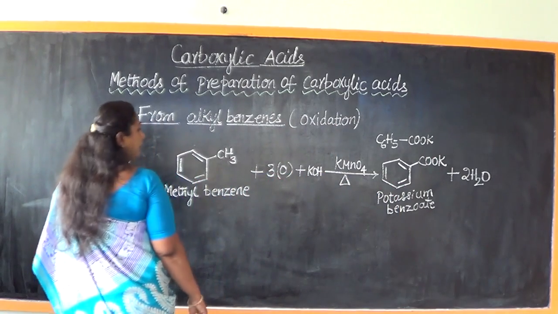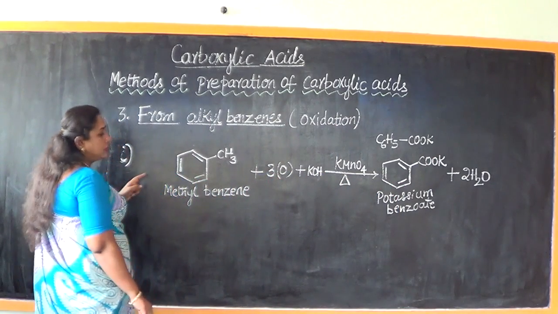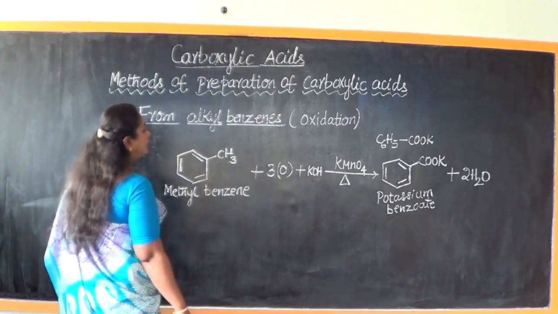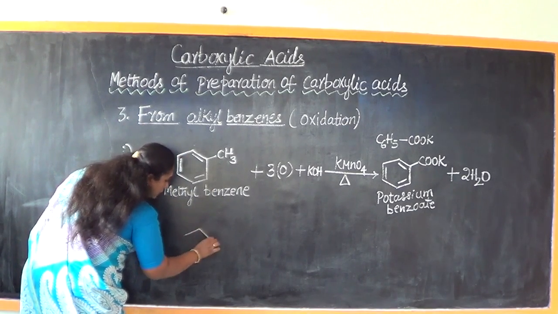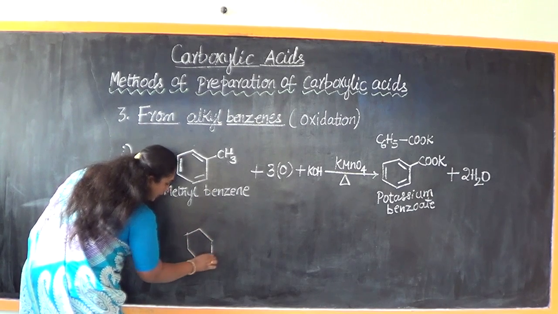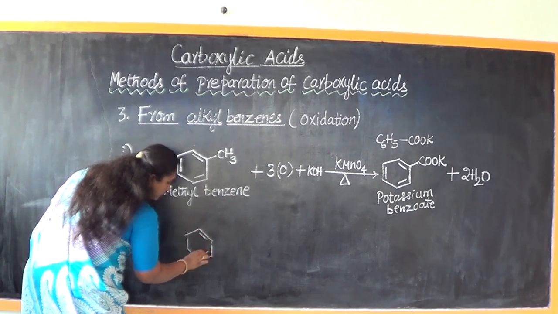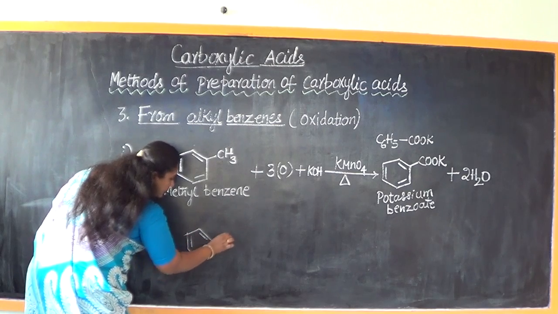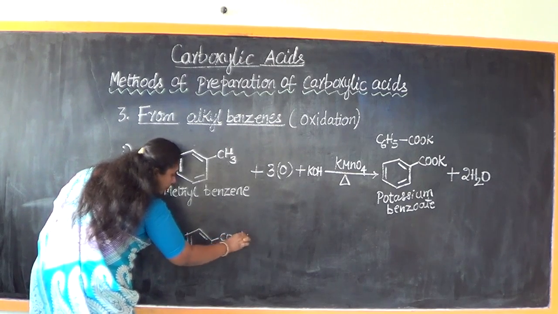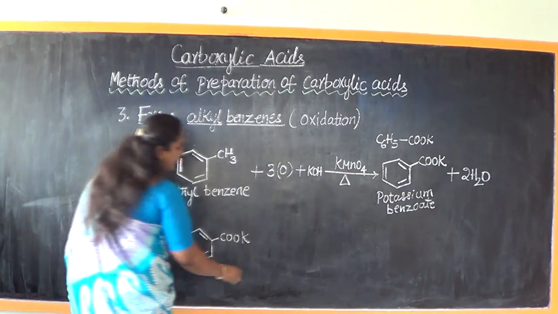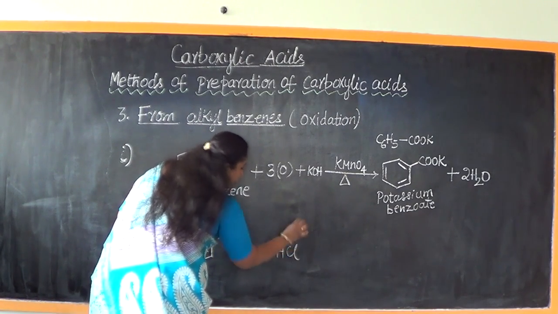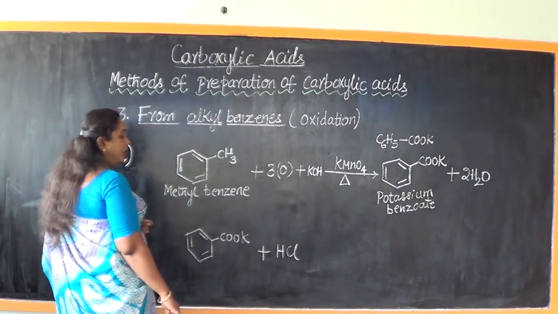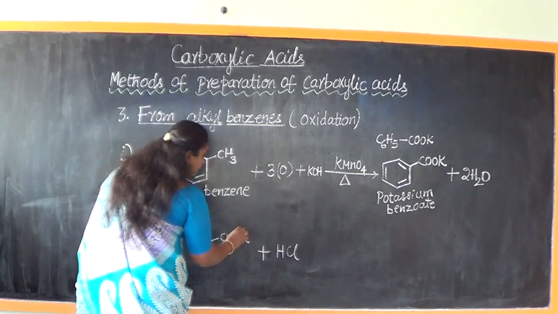This is a 2-step reaction. So step 1, we have obtained the potassium salt of the benzoic acid. So now this potassium benzoate, C6H5COOK, thus obtained, is subjected to the process of acidification with HCl. Now what happens?